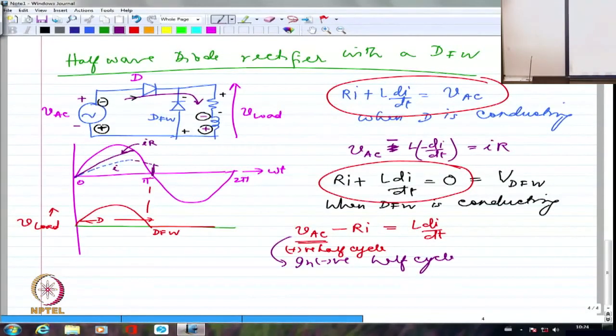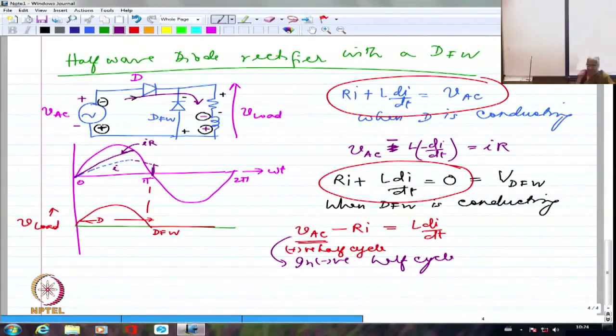So despite VAC, despite resistance drop, the current has to be sustained by the inductance. That was the case when I actually had no freewheeling diode. Especially when the voltage comes into the negative half cycle, I am going to have a stiff opposition from the supply voltage.